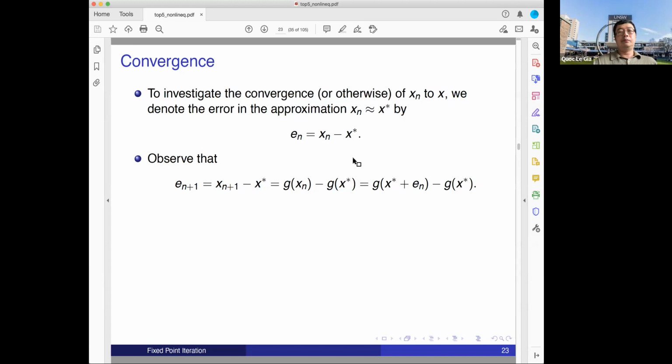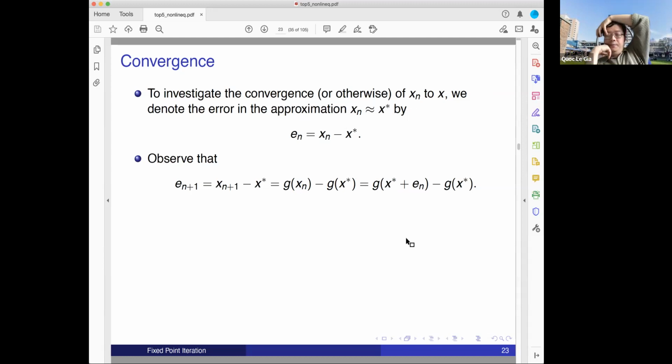Now, when you move x star to the left, xn is just en plus x star, right? So I write xn as en plus x star, and then minus x star.